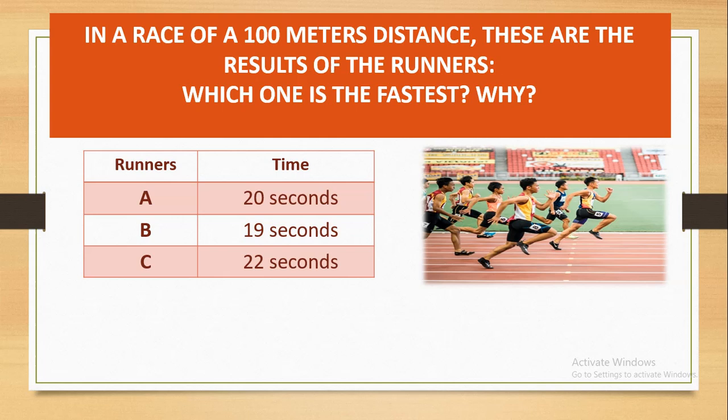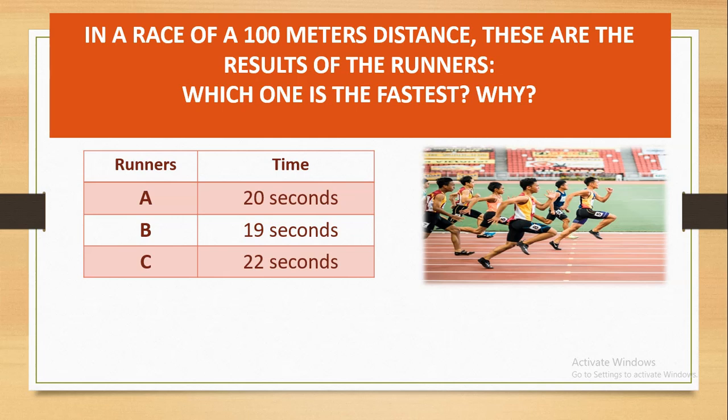To the exercise. In a race of 100 meters distance, these are the results of the runners. Runner A, 20 seconds. B, 19 seconds. C, 22 seconds. What do you think? Which one is the fastest and why?